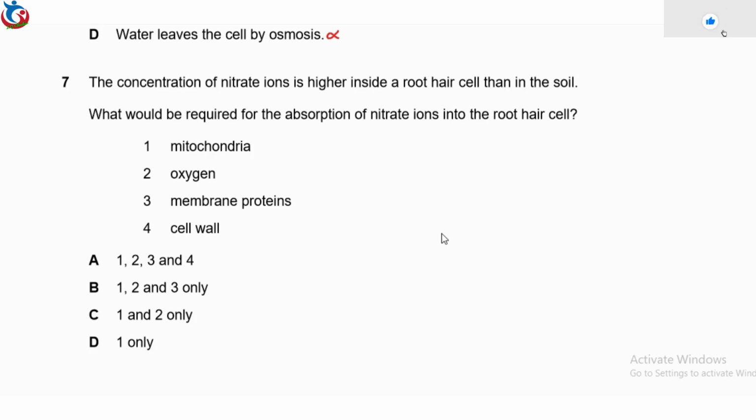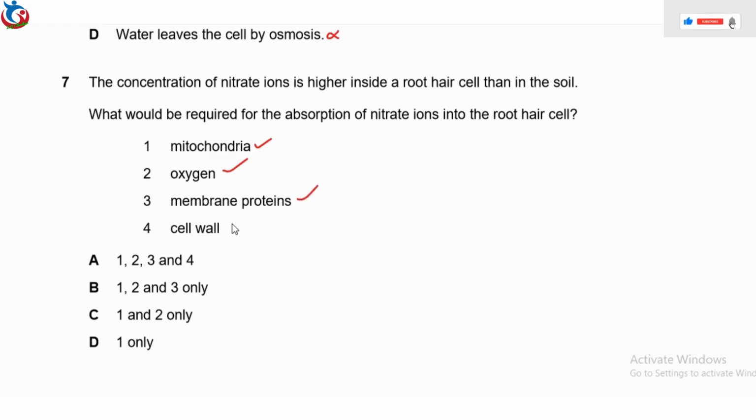In this case, nitrate ions are higher inside the root hair cell than in the soil, and the plants still need to absorb them from the soil. So it is definitely going against a concentration gradient, and for this to happen, you require energy. Because of that, mitochondria will be involved, oxygen will be involved, and transport proteins, which are the membrane proteins, will be involved as well.